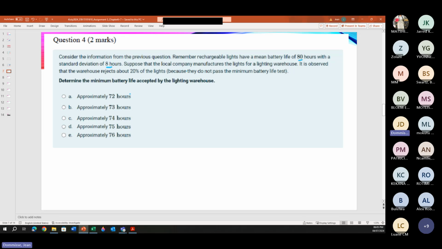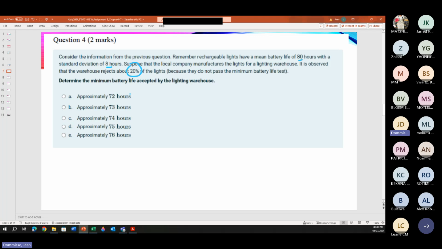Suppose that the local company manufactures the lights for a lighting warehouse. It is observed that the warehouse rejects 20% of the lights because they do not pass the minimum battery life test. Determine the minimum battery life accepted by the warehouse.